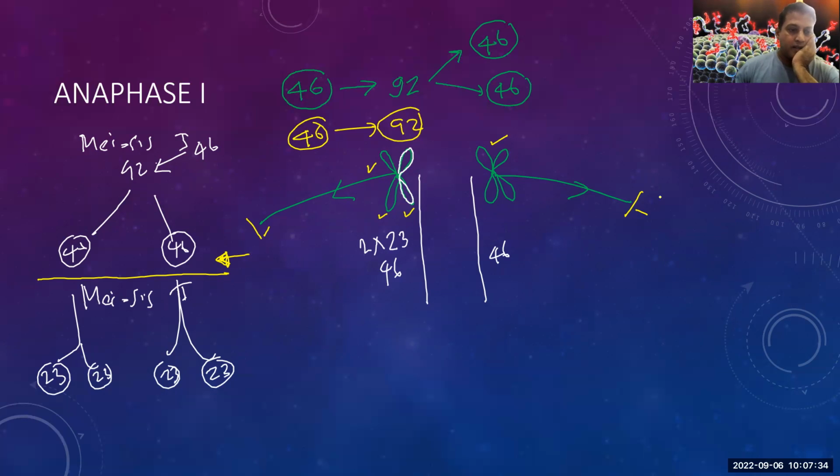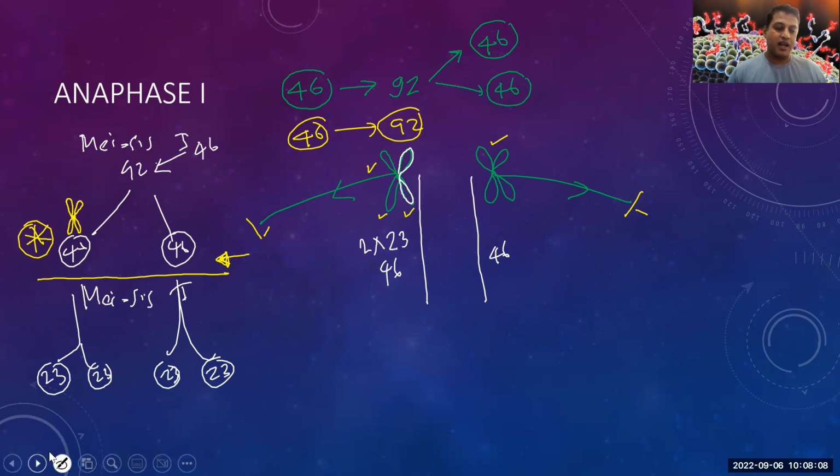So if you are still confused, you can look first number wise. Okay, this is happening. Then if you take 46, actually it has 23, because it's a duplicated one. When this cell gets a chromosome, the yellow color one and the yellow color one are both the same, because it is the duplicated one.